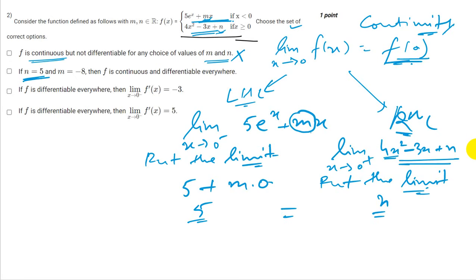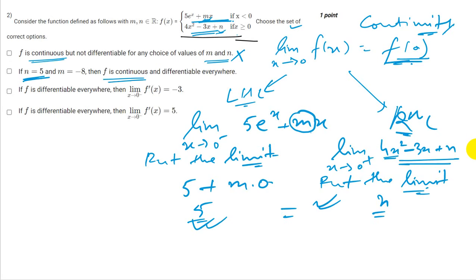Okay, so at this point we are having n. Yes, n again n, so n is equal to nothing but 5. So according to our option, if n will become 5, then everything will be in its good phase, and we'll be able to solve this question.